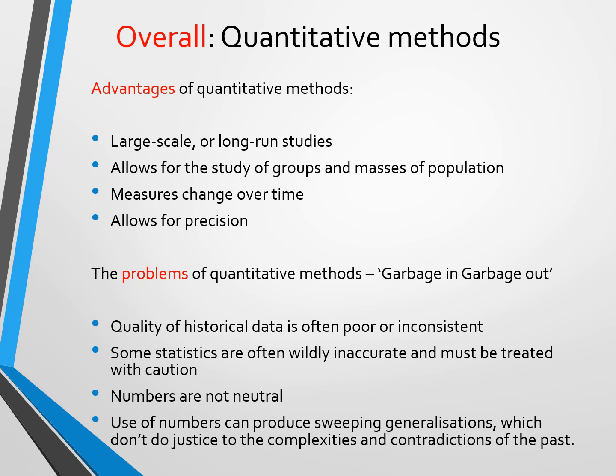Advantages of quantitative methods. Large-scale, long-run studies are possible. It allows for the study of groups, of masses of the population, or of hundreds of works of art, or of the use of literature and linguistics by hundreds of thousands of people. It can measure changes over time in a way that cannot be perceived through micro-studies.